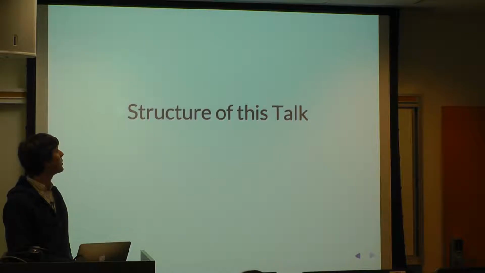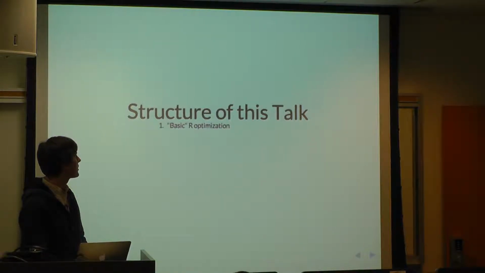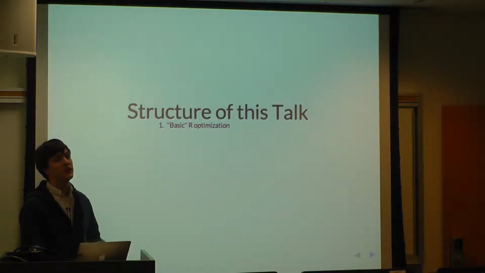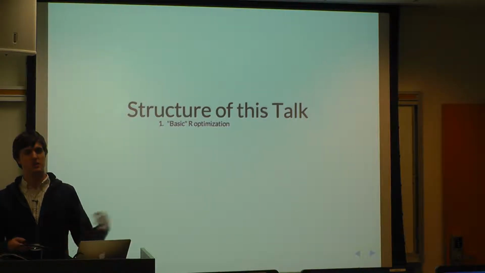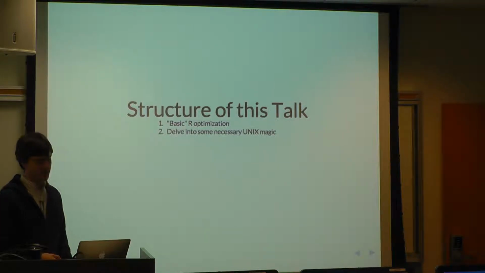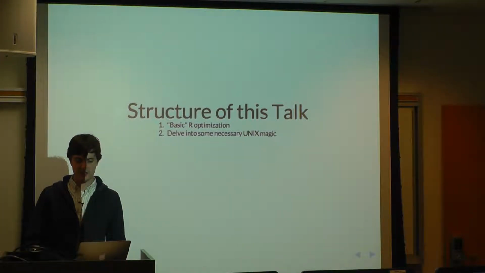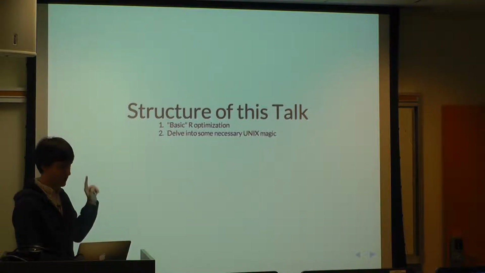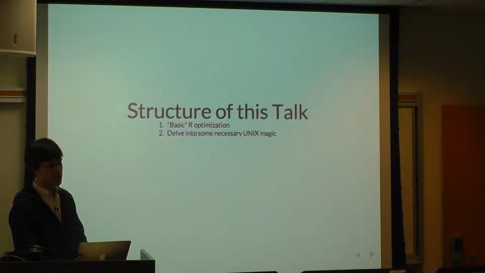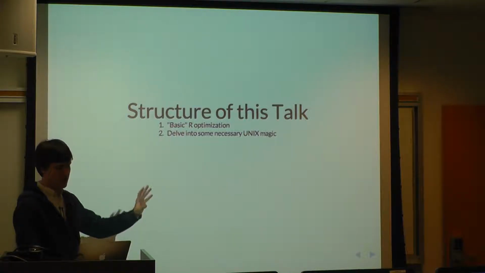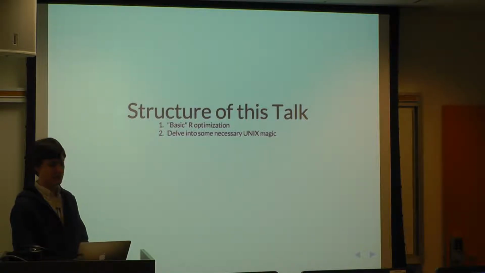First, the structure of this talk. I'm going to first talk about basic R optimization, with the idea that you would then use some of these things to make what you run on HPC faster and more effective. Then I'm going to delve into some necessary UNIX or *nix stuff, because the HPC is all on Linux, and to do anything you have to understand basic Linux stuff. I'll go through some of that, but there are billions of tools on the internet to teach you more.